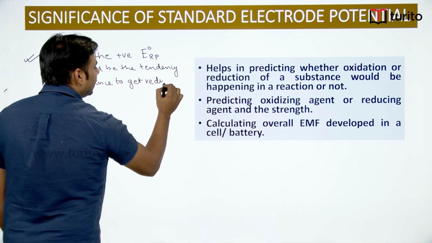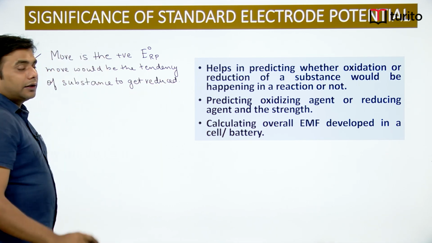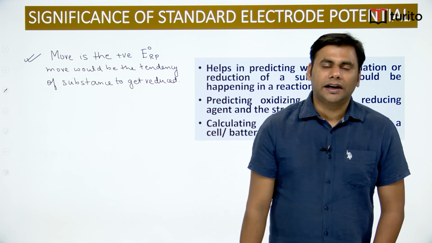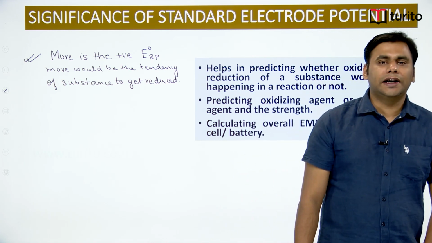Hope this is clear to you. So the more the value of reduction potential, the more would be the tendency of the substance to get reduced.